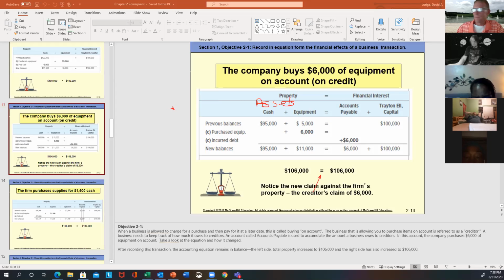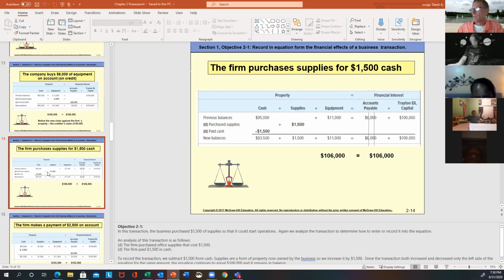So the next one, notice we've got purchase supplies for cash for $1,500. So notice supplies, and again, I'll give you the heading again just to remind you. These are all assets right here. They say property, but just write assets. Every one of these are assets.